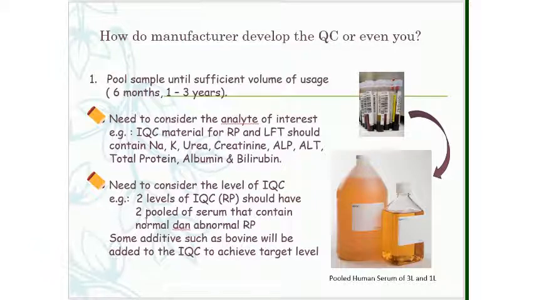Example, for 2 level IQC of renal profile, we should have 2 pools of serum that contain first a normal concentration, and the second an abnormal concentration. So some additives such as bovine will be added to the IQC to achieve that target level.